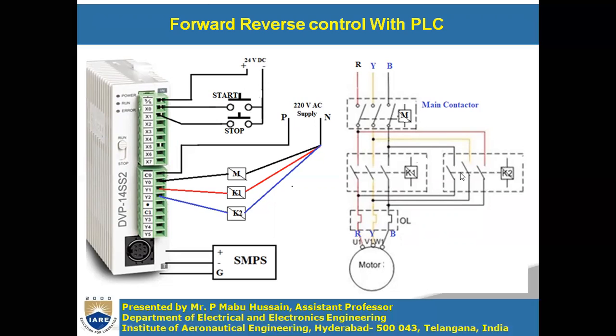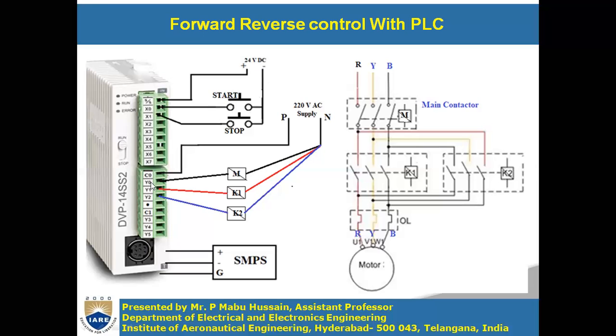So we are going to use three contactors: the main contactor, the forward contactor, and the reverse contactor. The main contactor is represented with M, the forward contactor K1, and the reverse contactor K2. These three contactors will be connected to Y0, Y1, Y2 of the PLC.